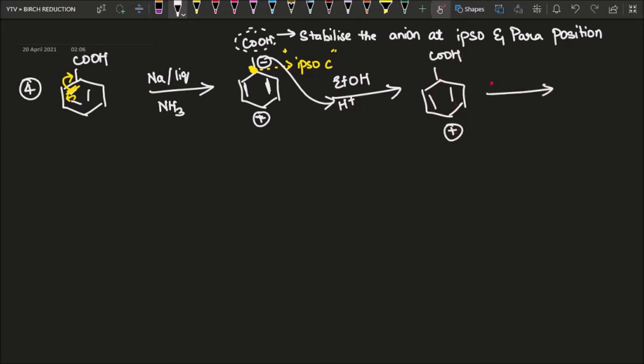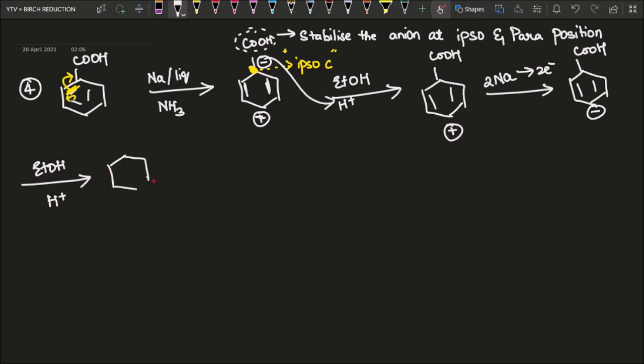In the next step, when you are adding two sodium metals, those are going to provide two electrons. So this para position is now going to get one anion. In the last step, again ethanol is going to donate one proton and that part is going to get neutralized. So our final product will look something like this. This is our final product.